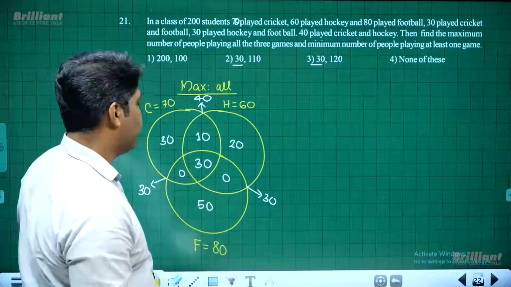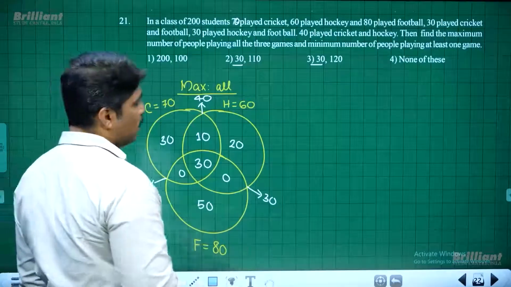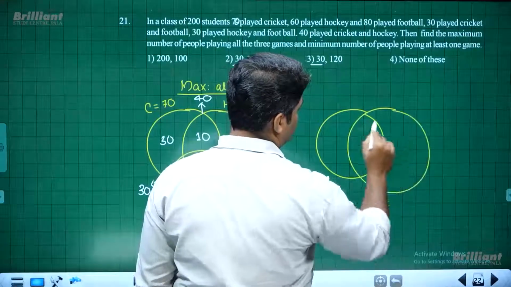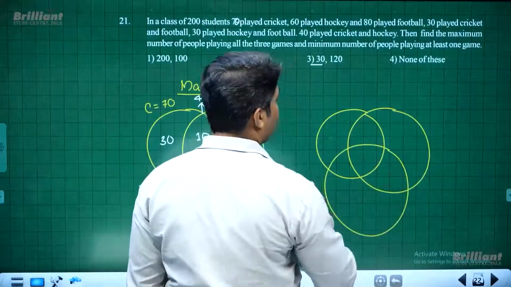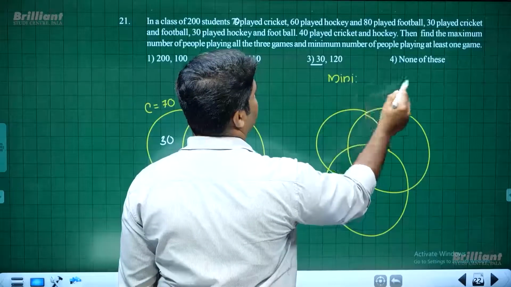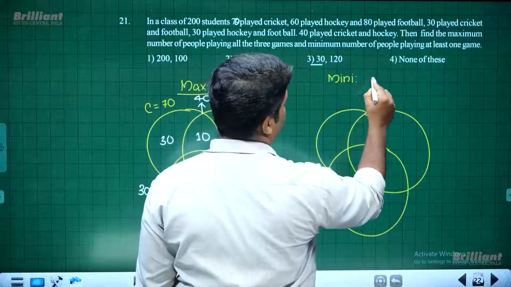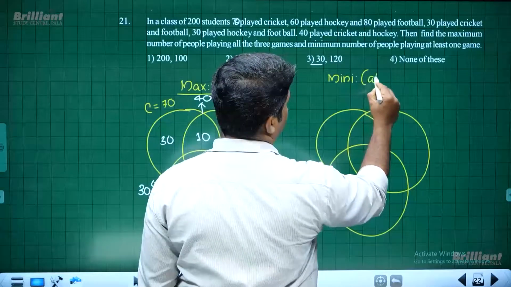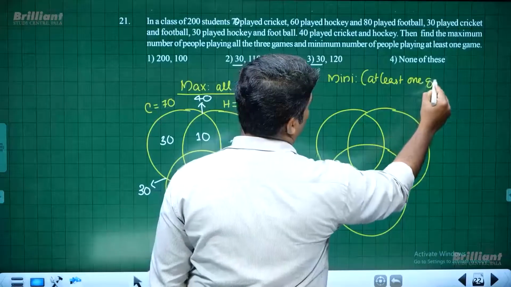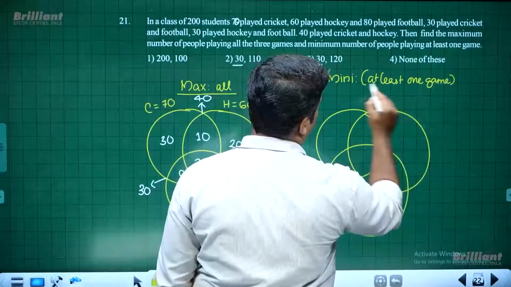That's a required condition. So we have to again consider the next set arrangement here. Now we are going to find the minimum of at least 1 game. At least 1 game means that's the entire union.